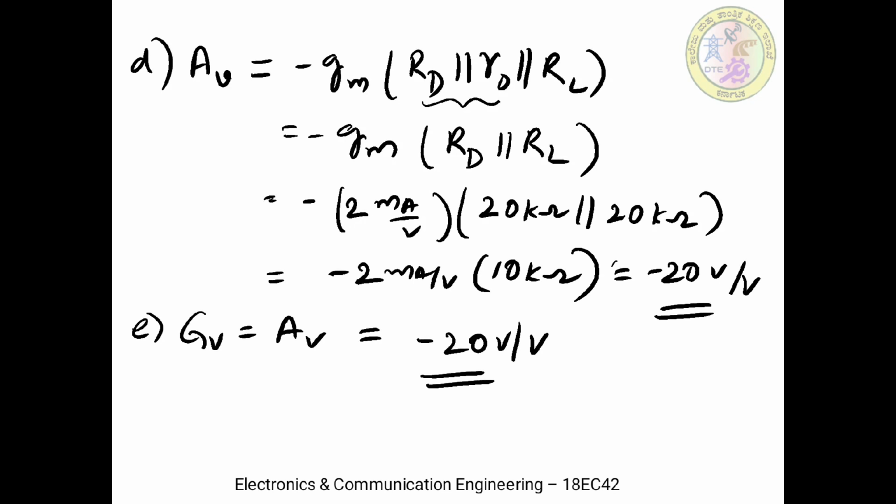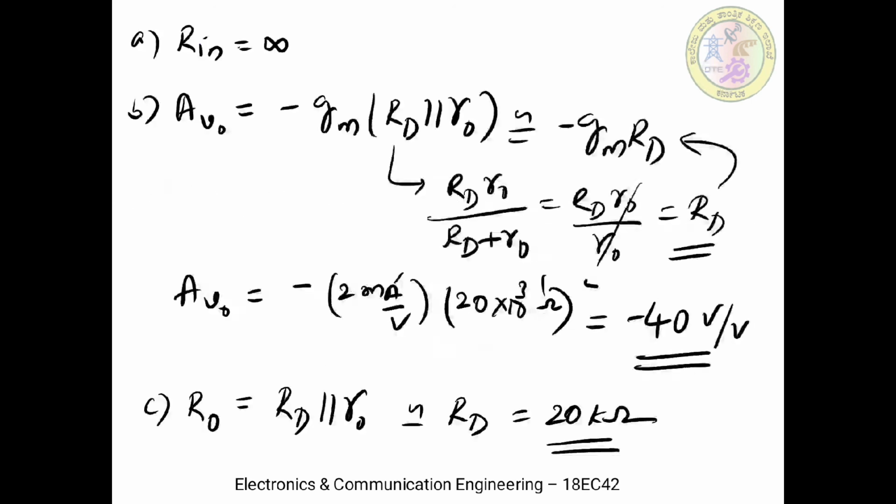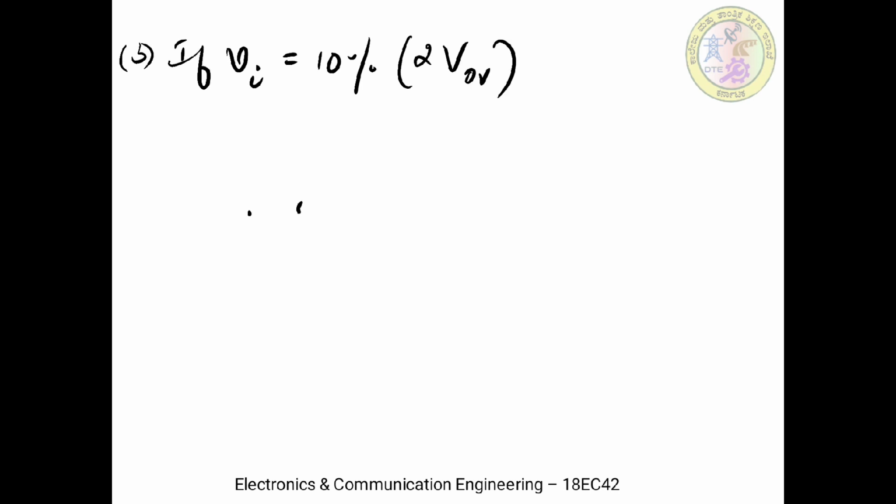Now in the next part, what is given is, if the peak of the input signal is limited to 10% of 2 times the overdrive voltage, then you have to find the peak value of the output signal. So in part B, it is given that Vi is equal to 10% of 2 times the gate overdrive voltage.